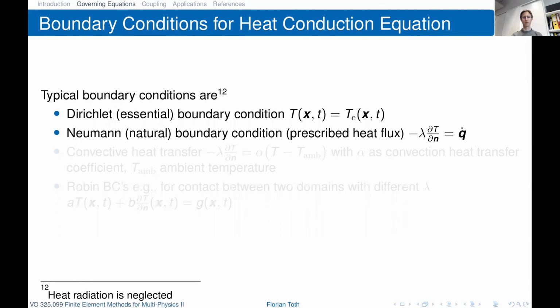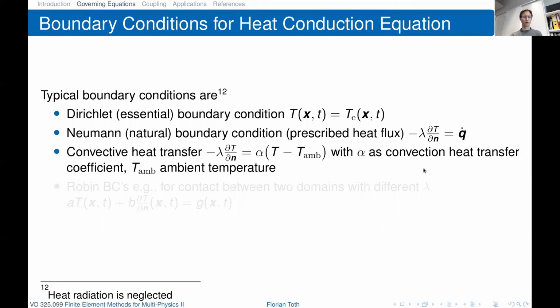So this is the natural boundary conditions prescribing the heat flux either to a prescribed value or we describe the heat flux over the boundary being 0.